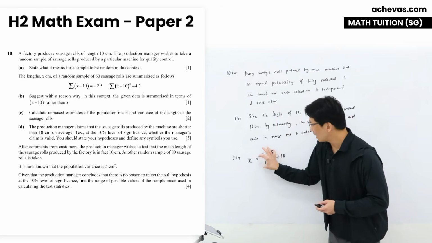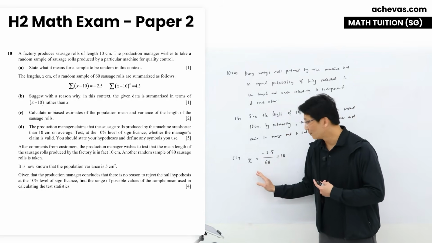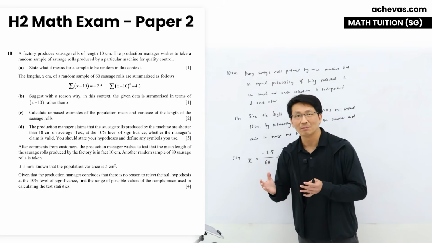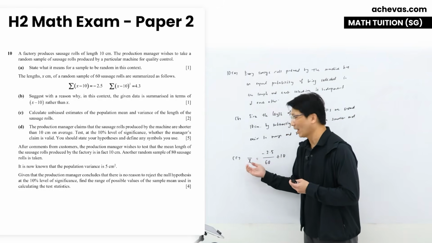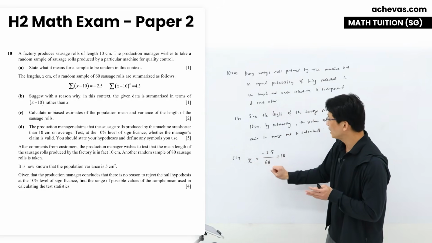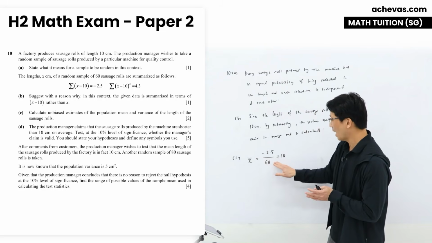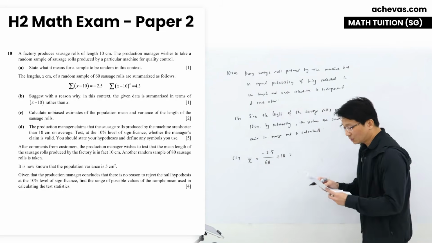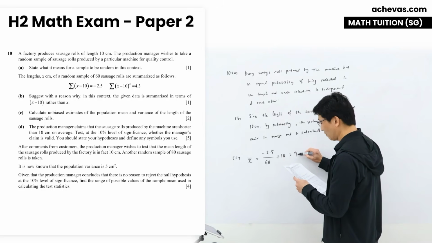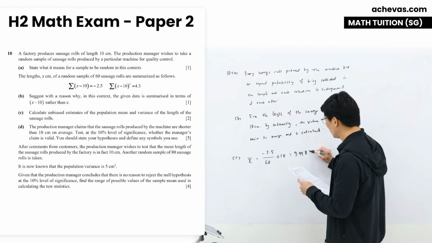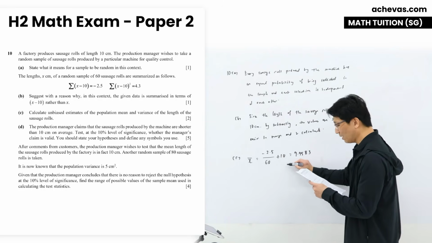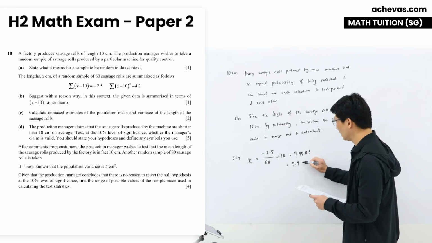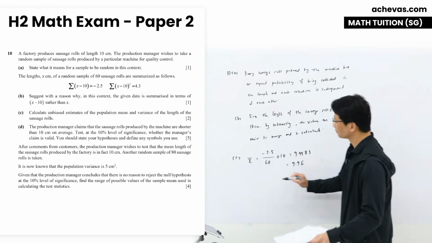So basically, what I'm finding here is the mean of x minus 10. But we need to find the mean of x. So that is why after finding the mean of x minus 10, I'm going to add back 10. Right? This is the faster way of computing this. So this will give me a value of 9.9583 to 5SF, and to 3SF, the answer is 9.96.